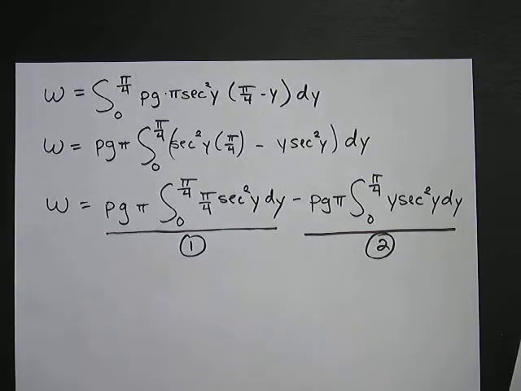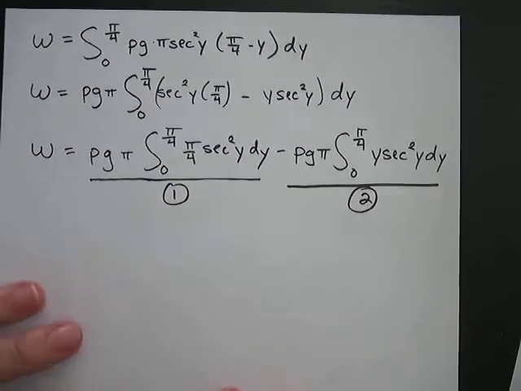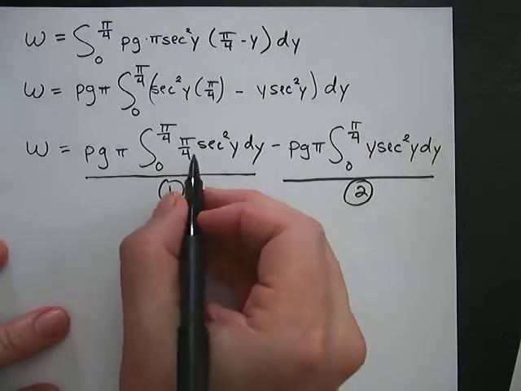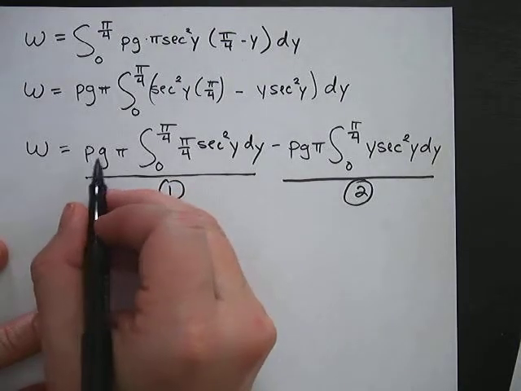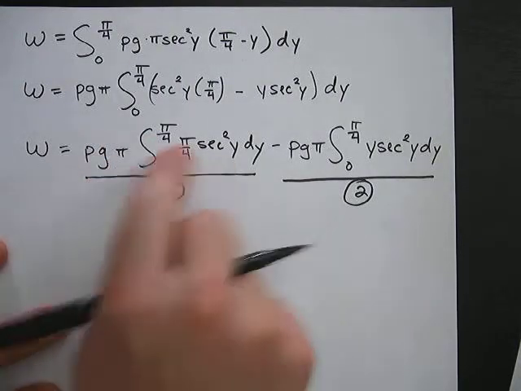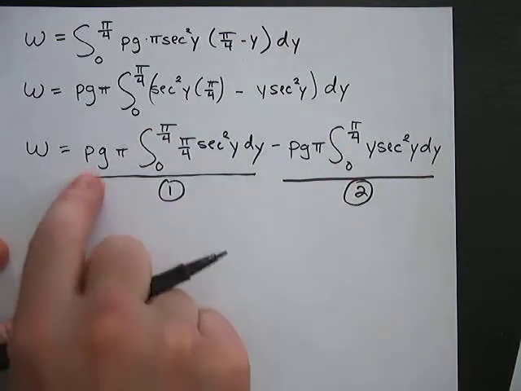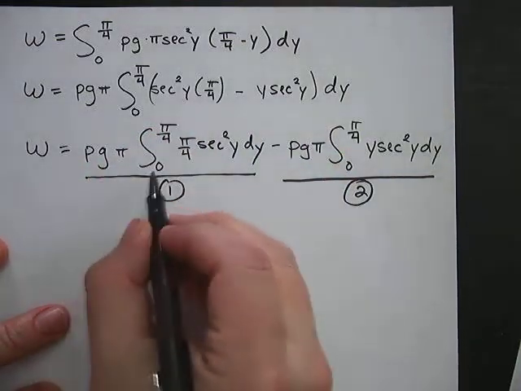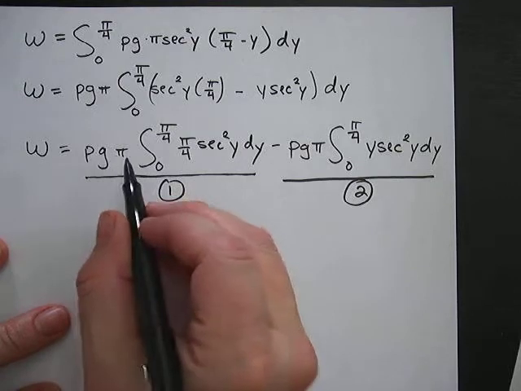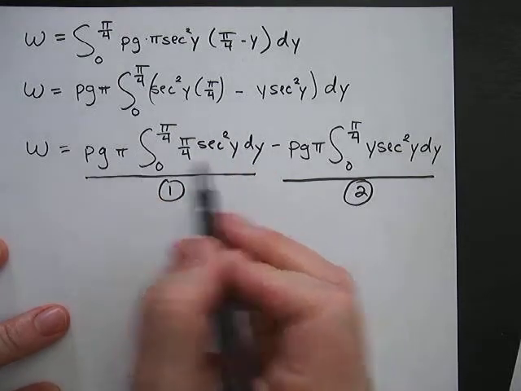Okay, so let's first start with integral 1. That is going to be the easier one. I'm going to leave the rho and the g. I'm going to figure out what these integrals' answers are, and then I'll bring them back. I'm going to leave these three things alone and just focus on this integral here, and then I'll come back and put them in.